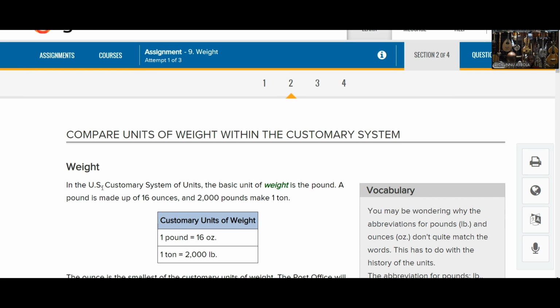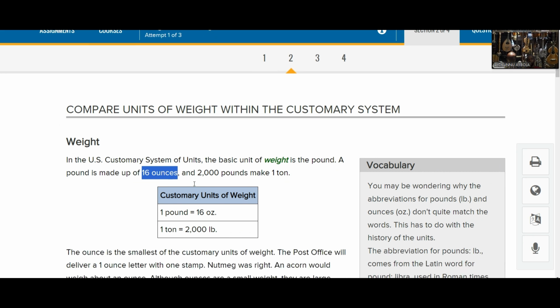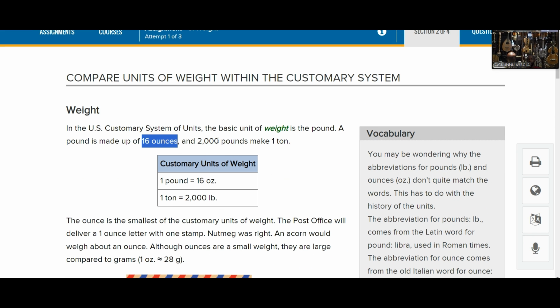In the US customary system of units, the basic unit of weight is the pound. A pound is made up of 16 ounces. Let's take note of this, okay? Is that clear? A pound is made up of 16 what? Ounces, okay?